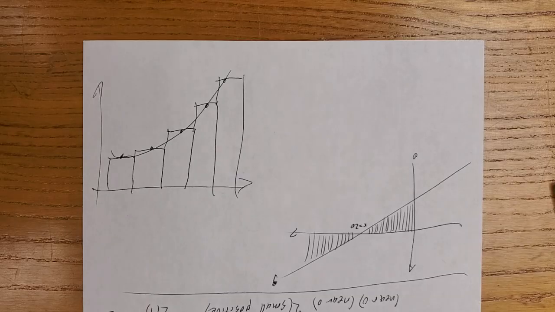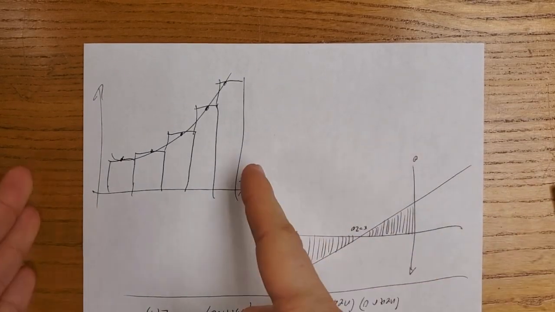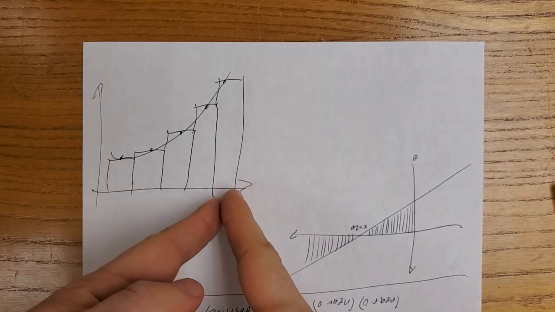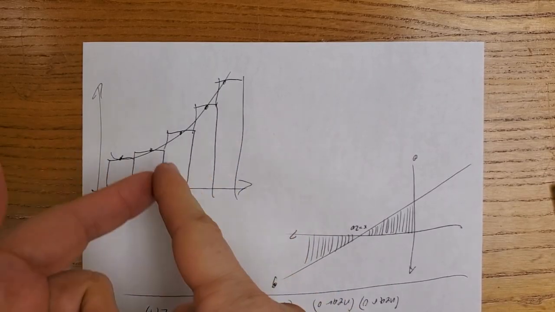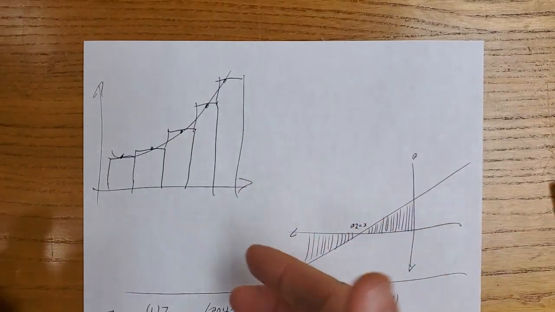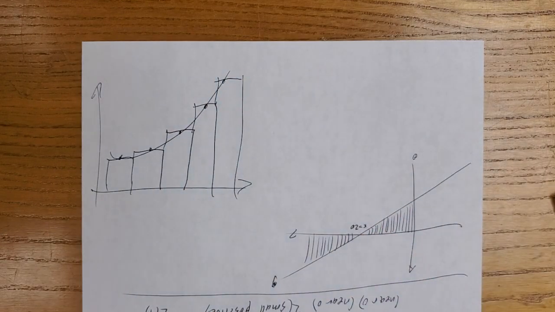And what actually happens in calculus class is they say, okay, if you make more and more rectangles, making them thinner, obviously the thinner the rectangles are, the better the approximation is, because the more closely it's going to match up with the original curve.